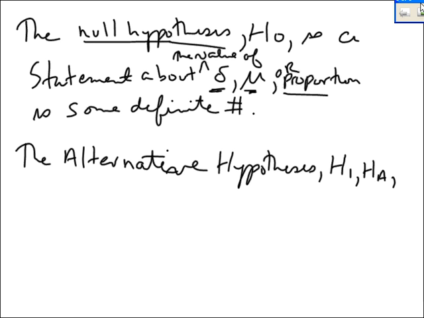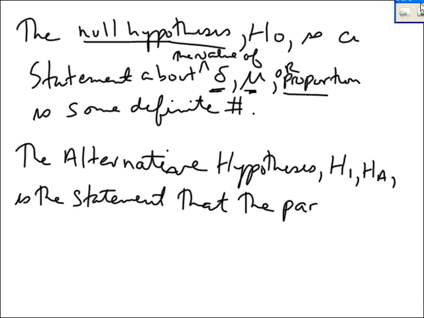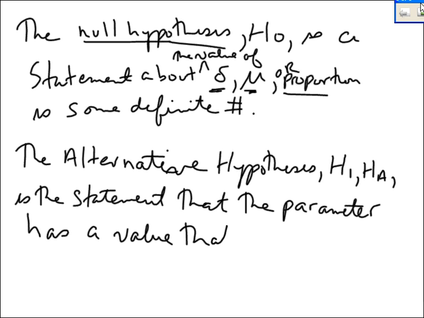Okay, the alternative hypothesis is the statement that the parameter mu, sigma, p has a value that differs from H0.